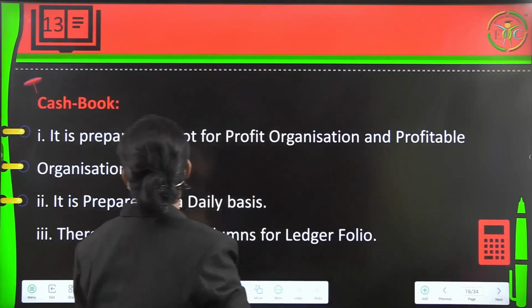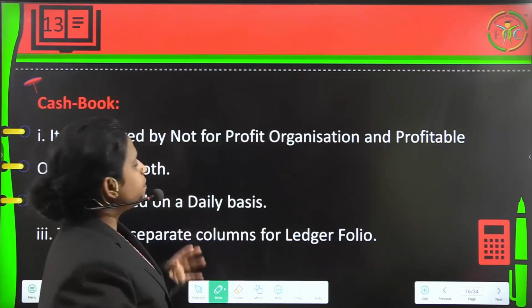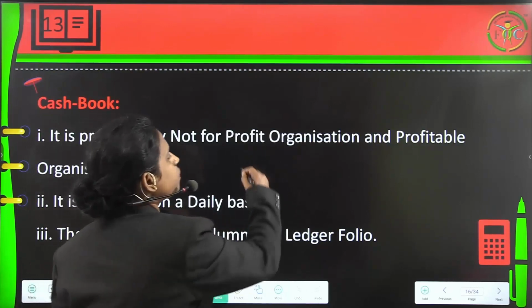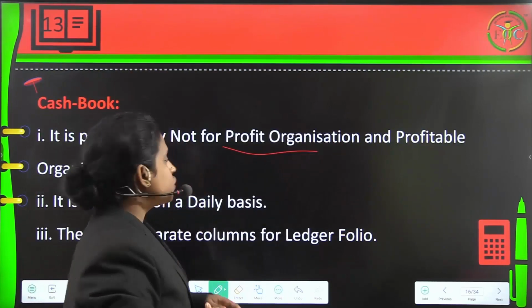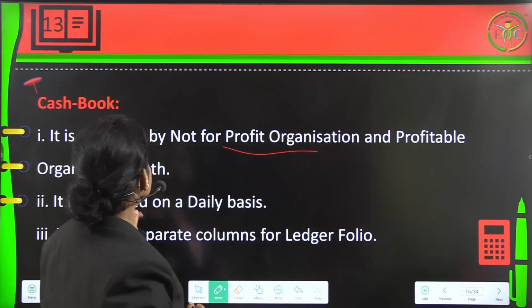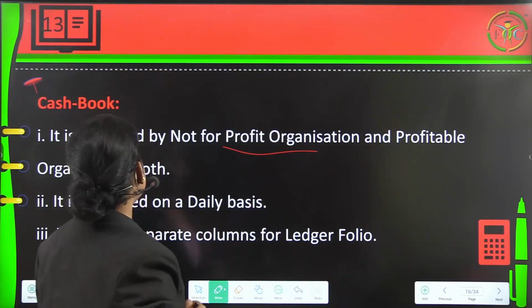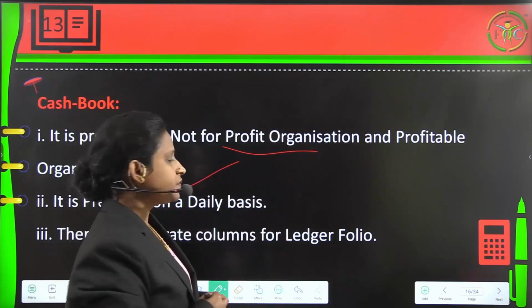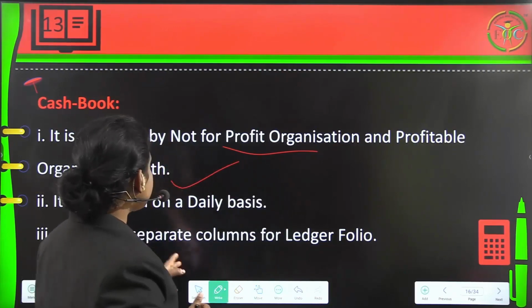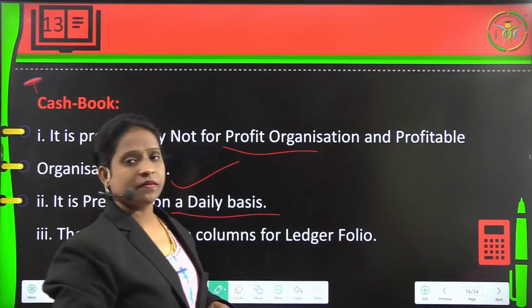Fine. Then cash book. It is prepared by a not-for-profit organization. So here you can understand this is prepared by not-for-profit organizations and profitable organizations both, right? And it is prepared on a daily basis.